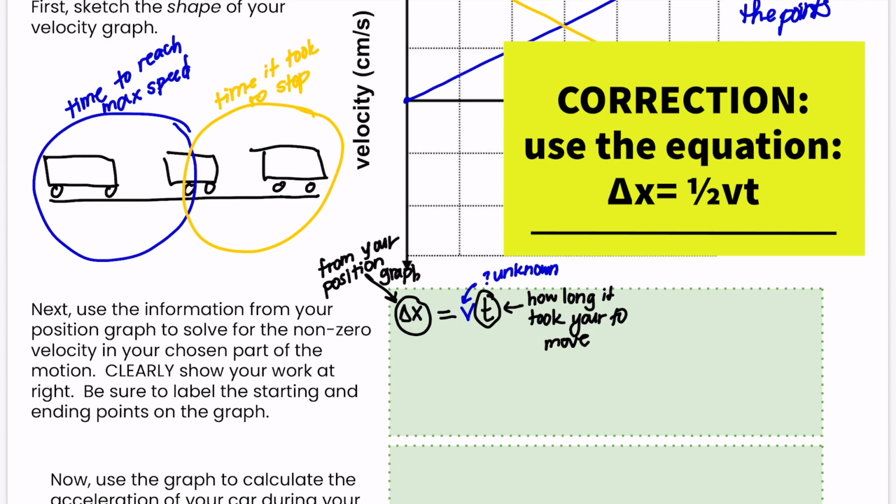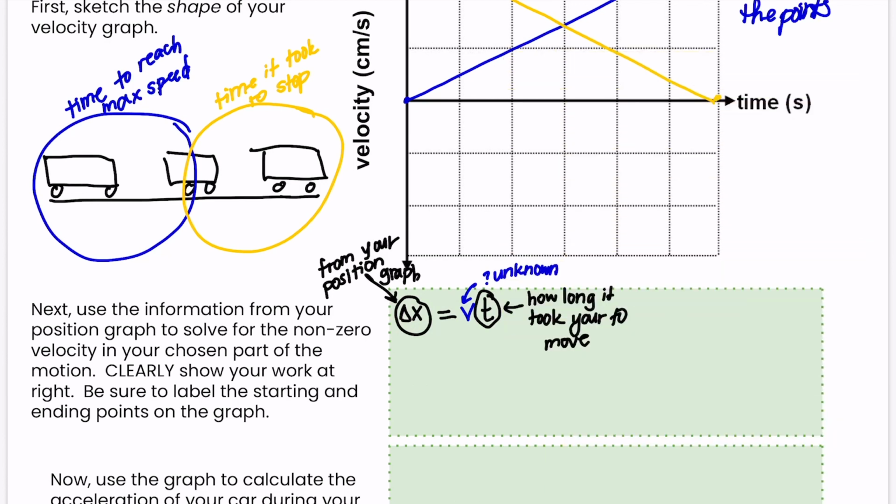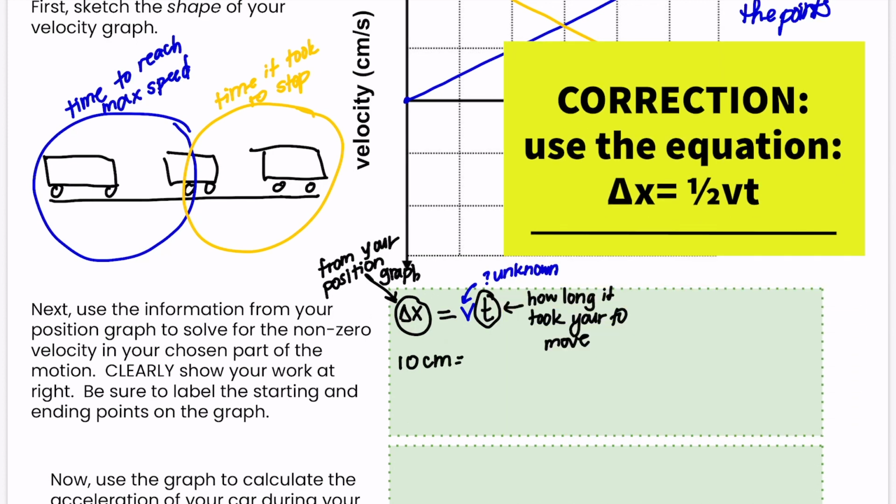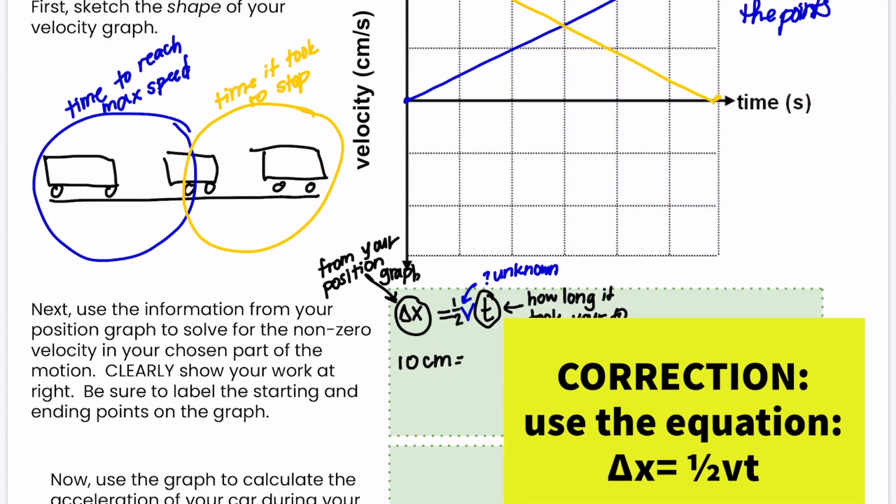Okay, so let's do a practice problem. Let's say you had a movement of 10 centimeters, and we don't know what the velocity is since we're trying to figure it out. And it took your car 2.5 seconds to, oh, whoops, I'm sorry, let me rewrite this. It should be 1/2 since the speed is changing, right?